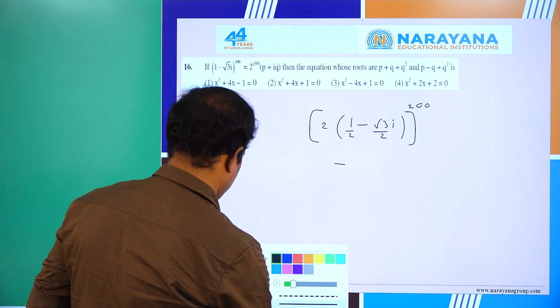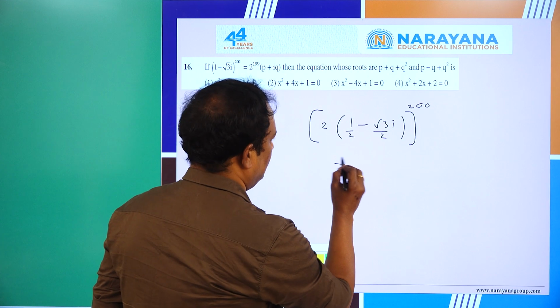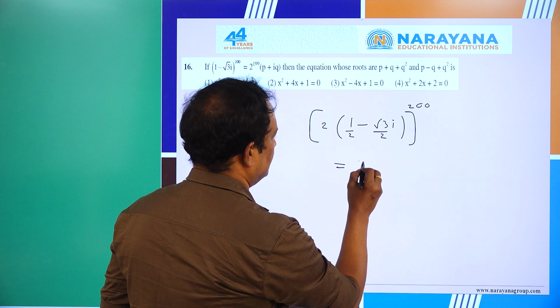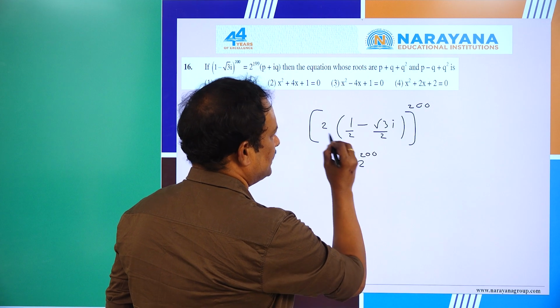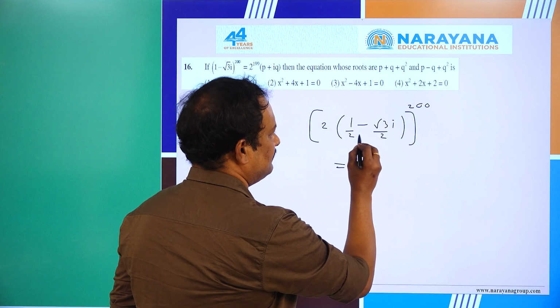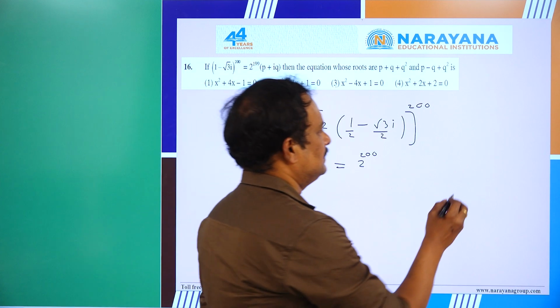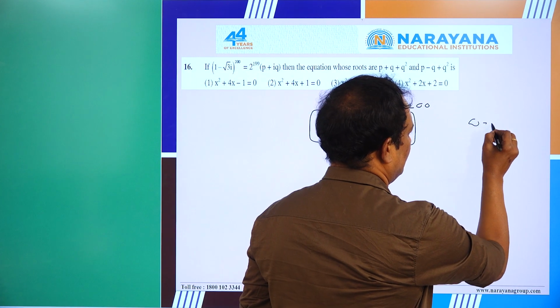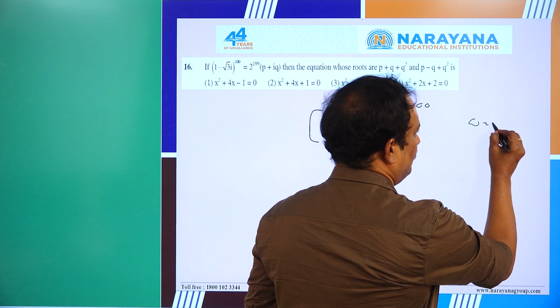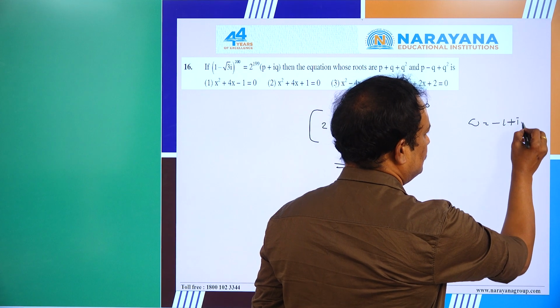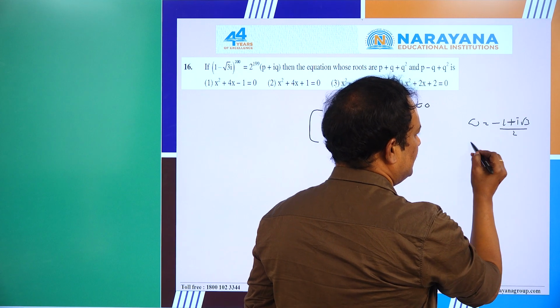So, when you simplify this, we have 2 power 200, and the power applies to both of them, and this (1 by 2 minus root 3 by 2 i) is very clearly equal to minus omega, because we know that omega, one of the cube roots of unity, is (minus 1 plus i root 3) divided by 2. So, what is minus omega?